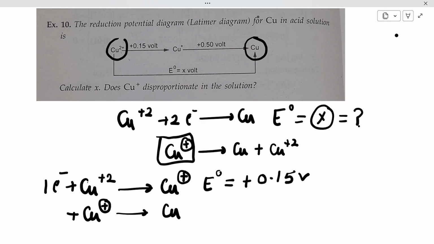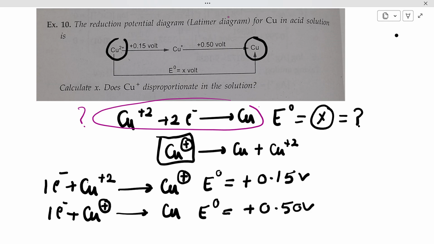Again, we have to add one electron on the reactant side, and E naught given is 0.50 volt, and we have to find out E naught for the third reaction.